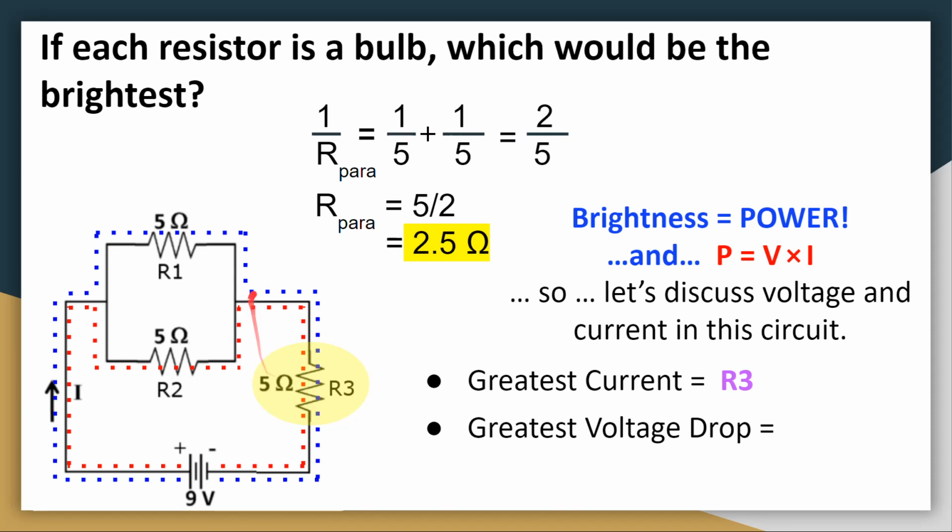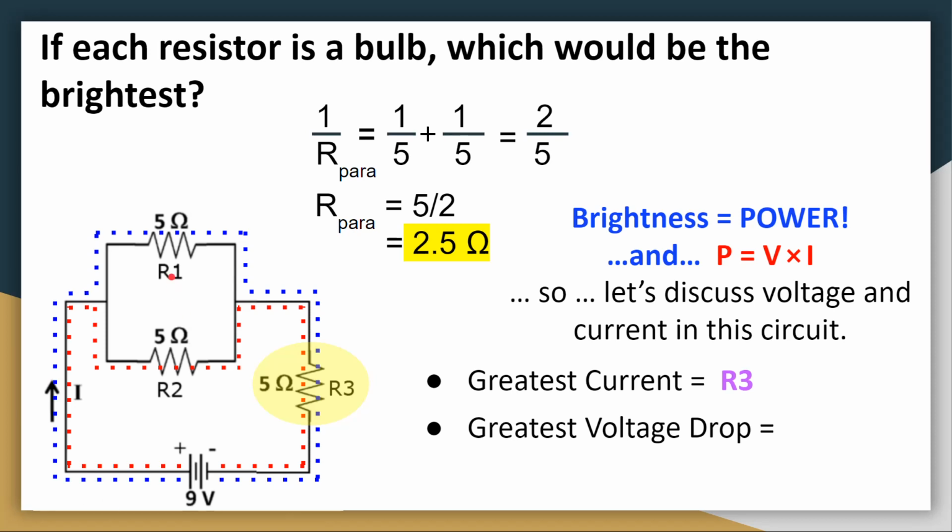So we would solve it like this. 1 over 5 plus 1 over 5 is 2 over 5, equal to 1 over RT. I'm doing RT for just the parallel section. So that makes the resistance 5 over 2, which is 2.5 ohms, which I already knew because these are all the same resistance. The equivalent resistance of that parallel section will be half as much because there are 2 of them, so I can just divide it by 2.